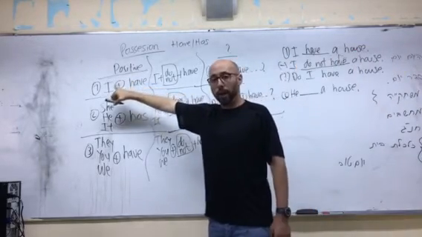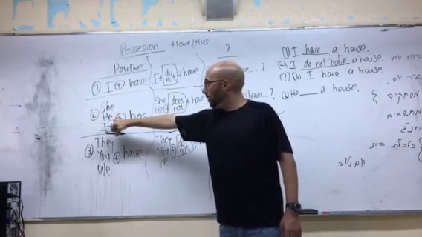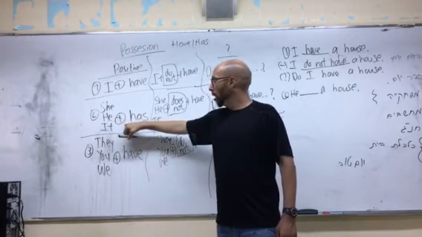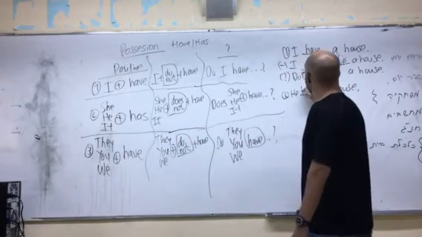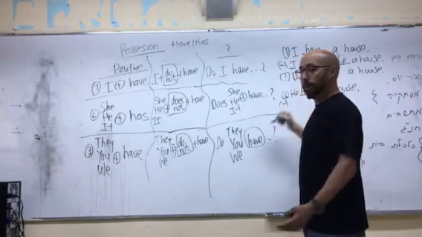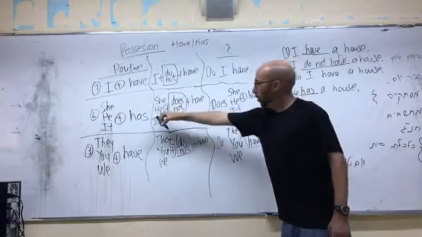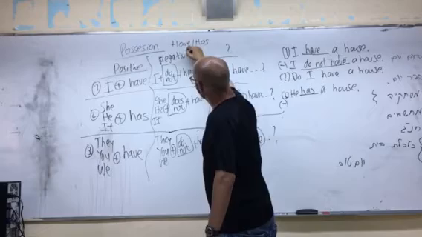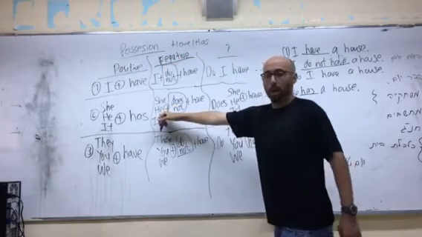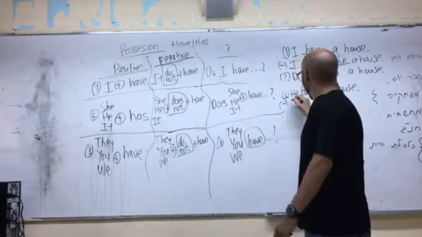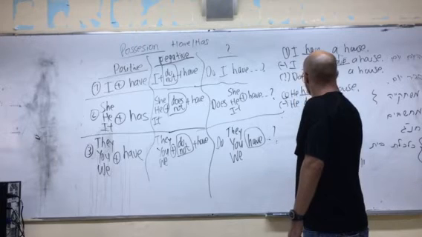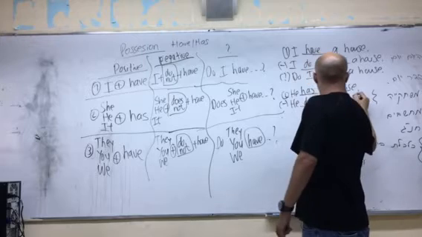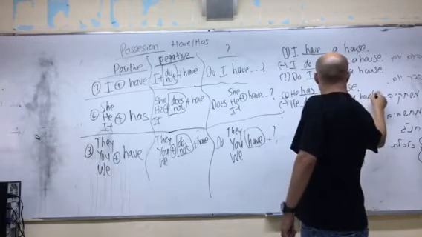I scan the different bodies, and I see that here in the second body is the same word. So I know he has a house. Now I want to say he doesn't have a house. So I just go to the negative. He does not have a house.